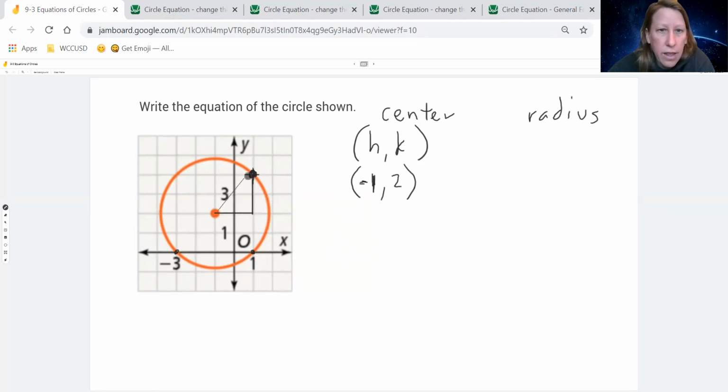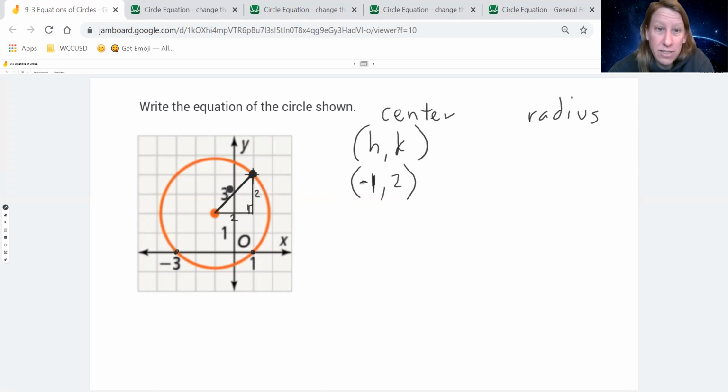Okay, and I need this radius right here. I need this beautiful radius from the center to this perfect point on the circle. So I'm going to count that. That's 2, and that's 2. Hey, you guys, what kind of triangle is that? It's a right triangle. It's isosceles. It has two sides the same.